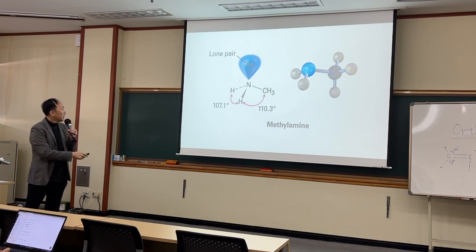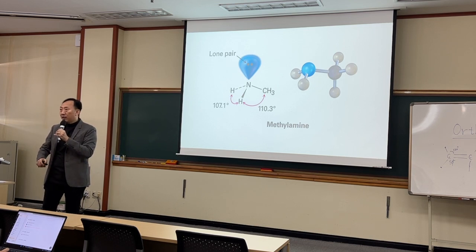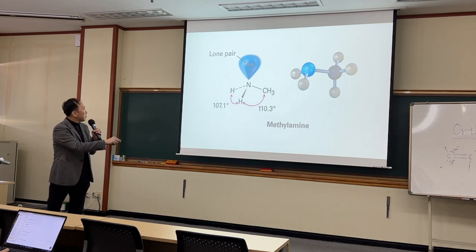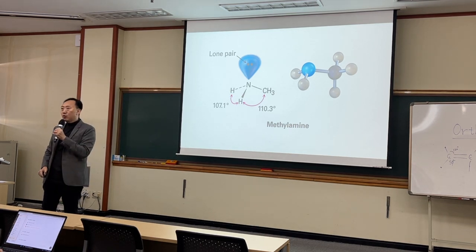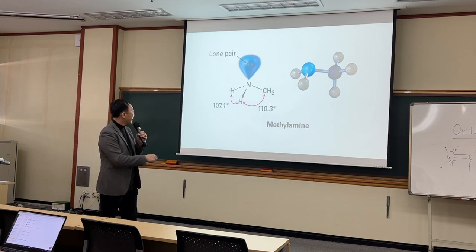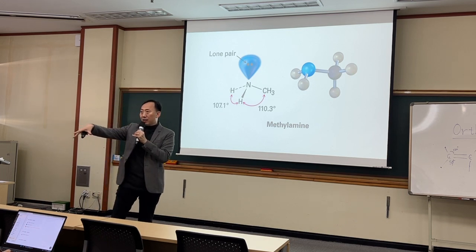That's why the angle is changing. Some of those angles are a little bigger. Maximum angle, of course, 120. If it's fully planar, the sum should be 360 degrees, right? So this is still a little dented, but compared to ammonia, it's a little more planar like this.